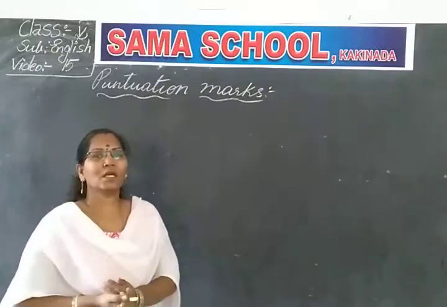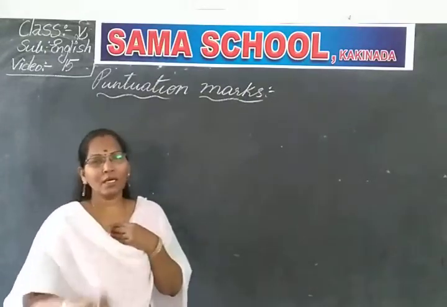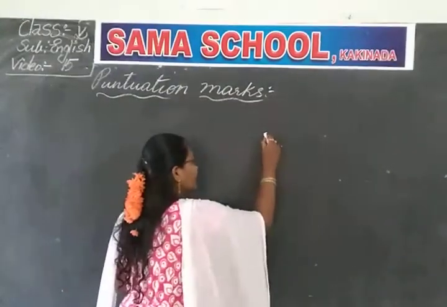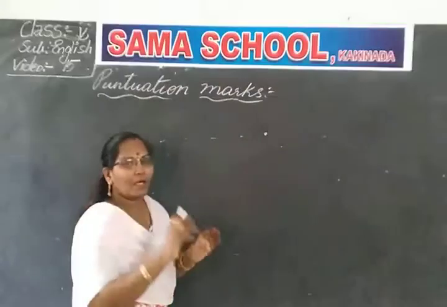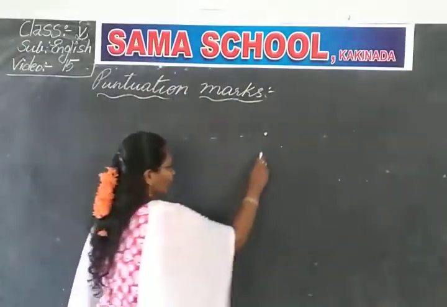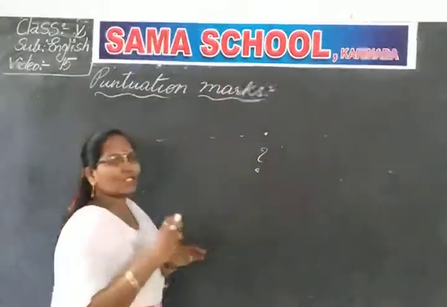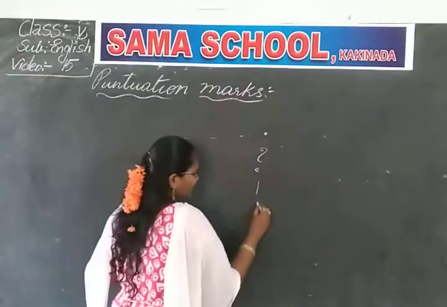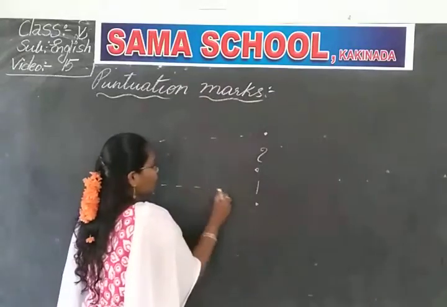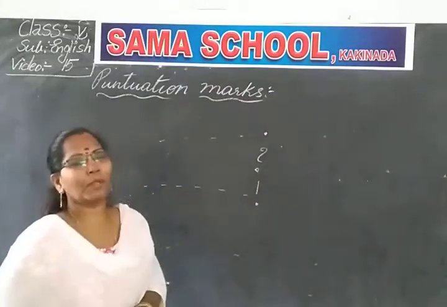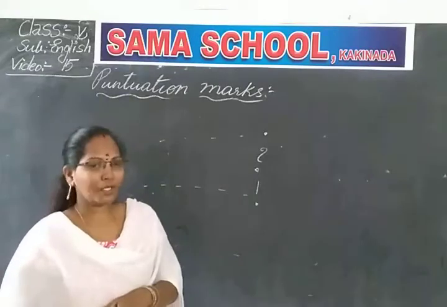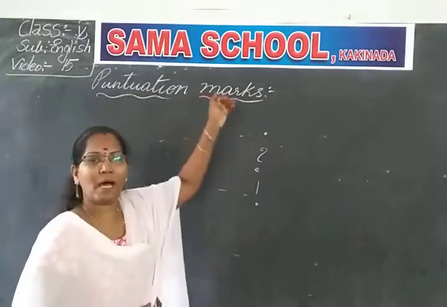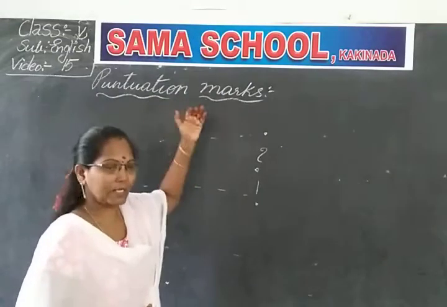The sentence varies according to the symbol which is marked. If we put a full stop, the sentence pronunciation will be in a different manner. If you put a question mark, the pronunciation will be completely different. And if there is an exclamatory mark, the reading of the sentence will be completely different. Did you understand, children? That's why we use these punctuation marks in English.